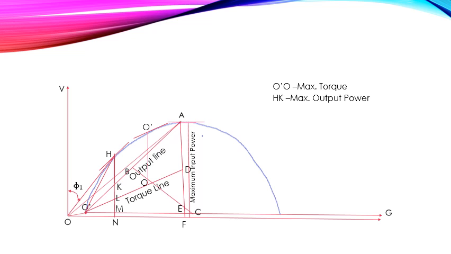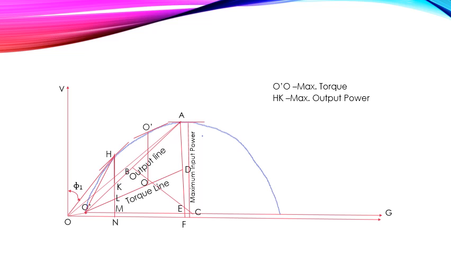Then to estimate the maximum output power, maximum torque and maximum input power, draw the intercepts to the circle diagram. So here first draw the line O dash D. So the O dash D line indicates the torque line. Then the O dash A is already joined, and the O dash A indicates the output line, right?